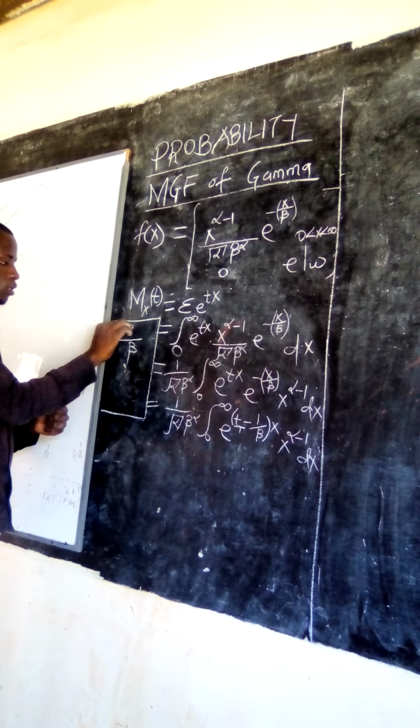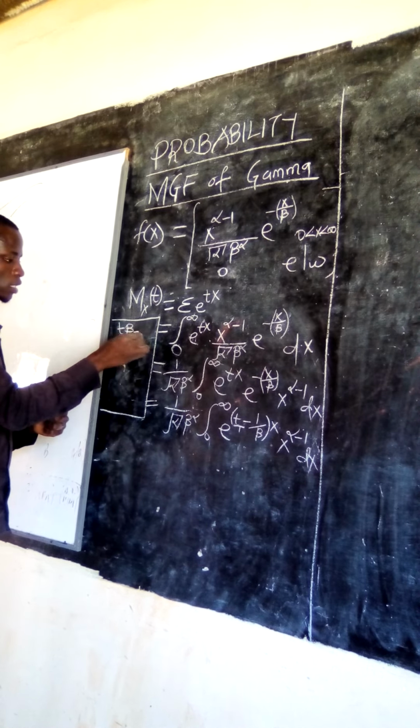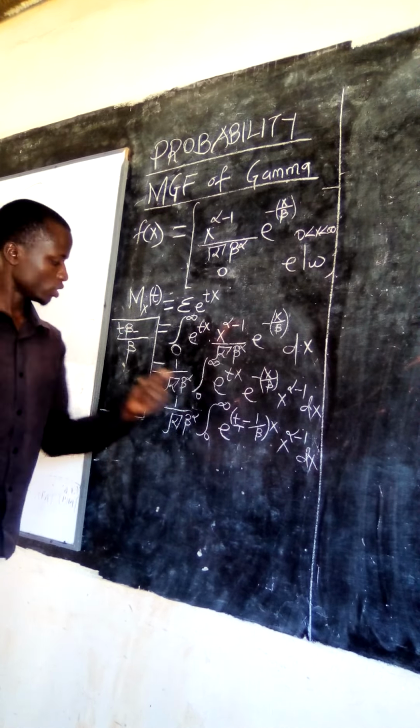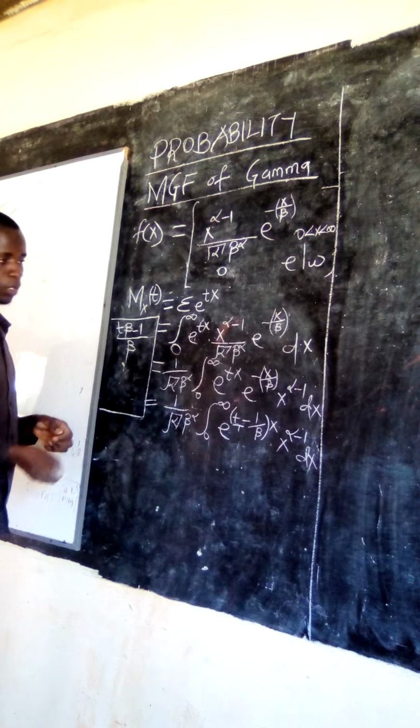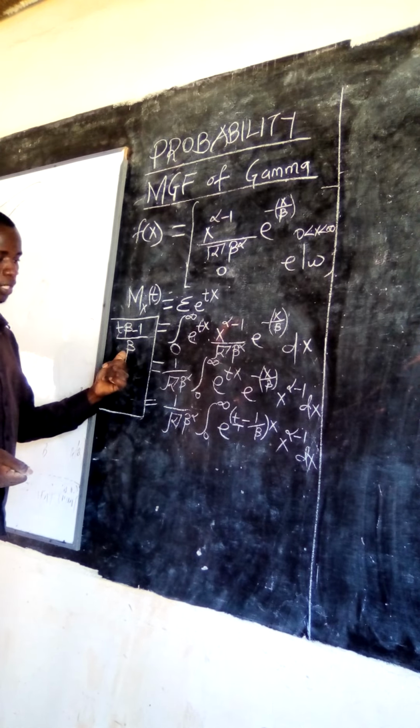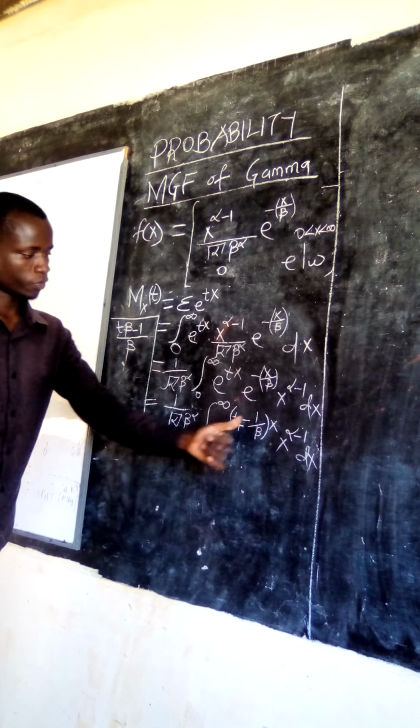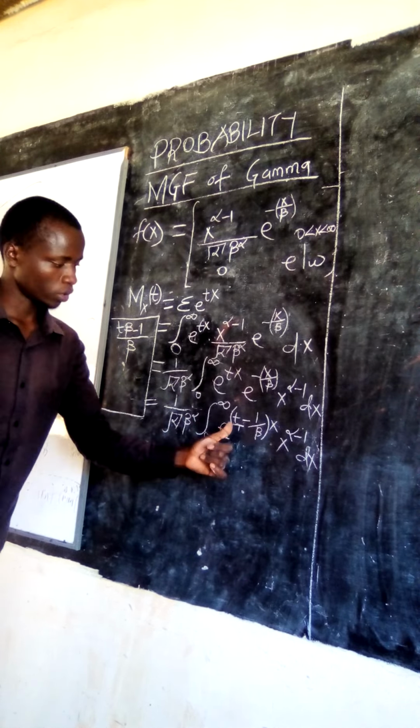So I'll come up with tβ there, minus: β goes into β 1 times, and 1 by 1 is 1. So this is the function I'll be writing there. Instead of writing the whole of this bracket, I'll write this.